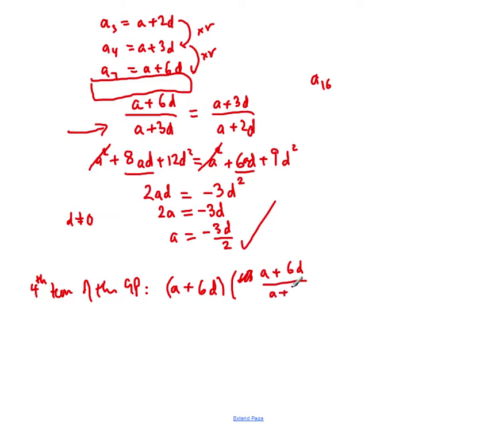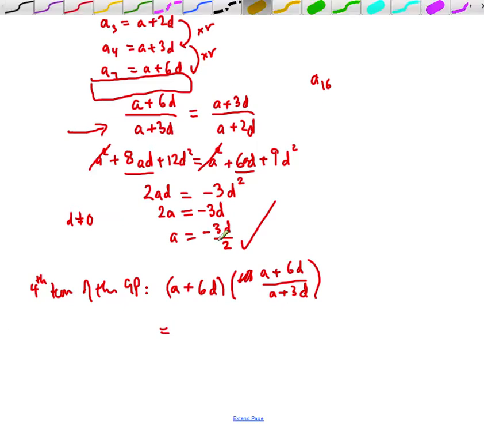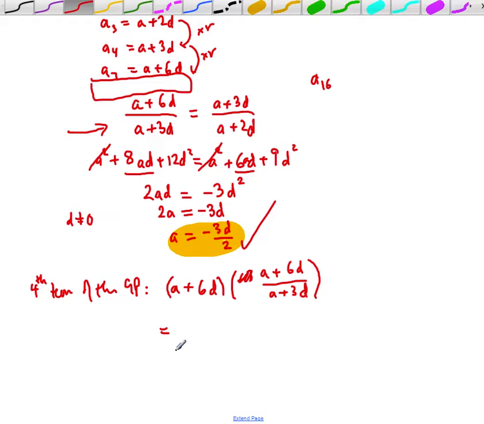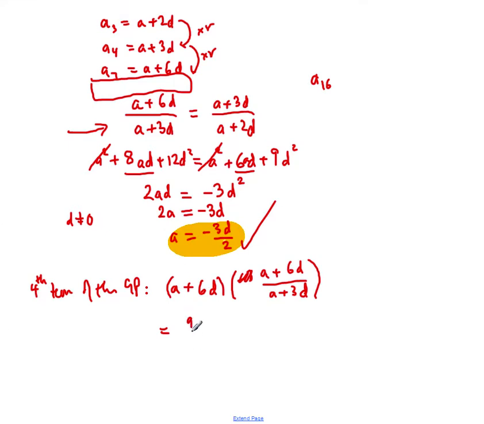Over a plus 3d. So it's the third term multiplied by the common ratio. In an instance where a is equal to minus 3 over 2d, what we can do is substitute that into all of this to see what we get. So we get minus 1.5d, minus 3 over 2d plus 6d is 4.5d, which is 9d over 2.